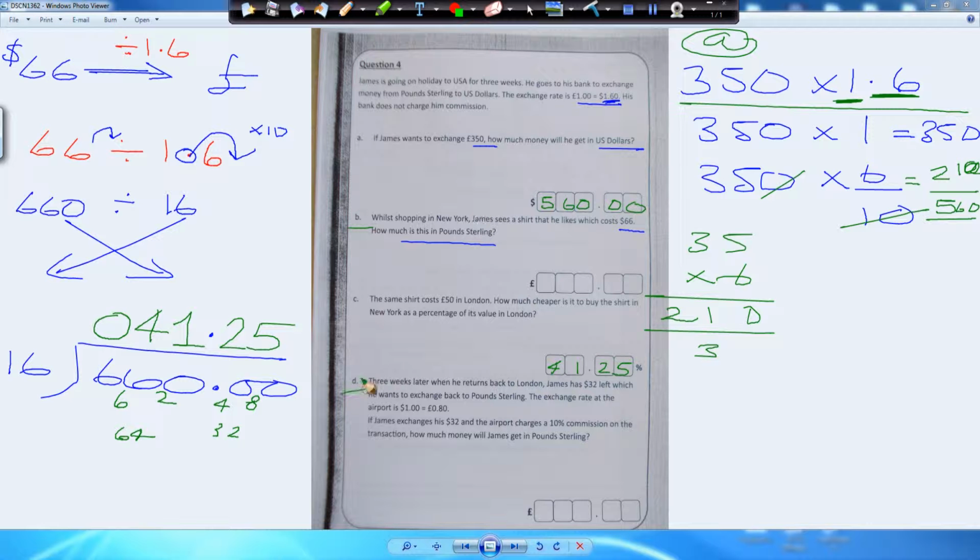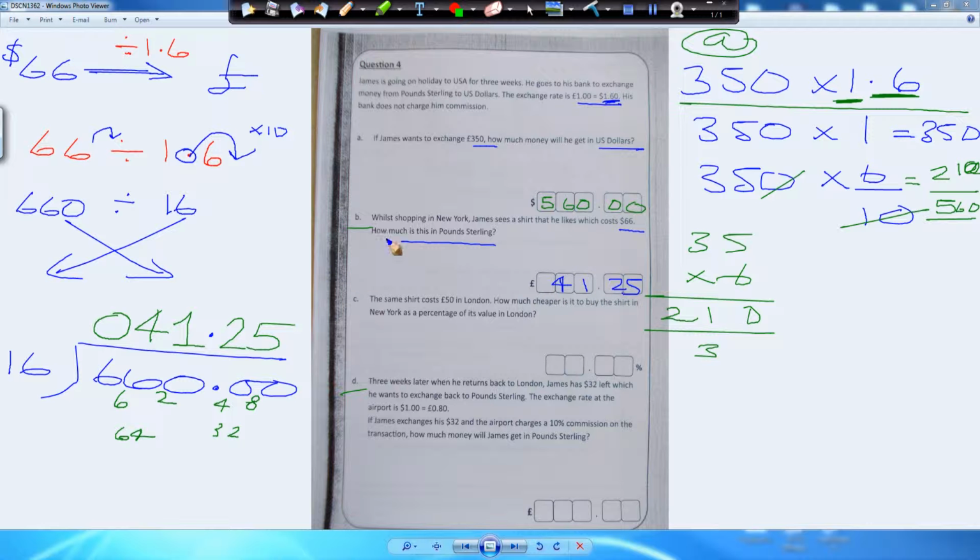Now we go to part C. Okay, Harun, mashallah, spot, I put the answer in the wrong part. That doesn't go here. Where does it go? At the top. Okay, thank you, Harun, for spotting that technical difficulty there. So the answer is £41 and 25 pence. Put in the right place over here. Lovely. Good. Thank you for that.